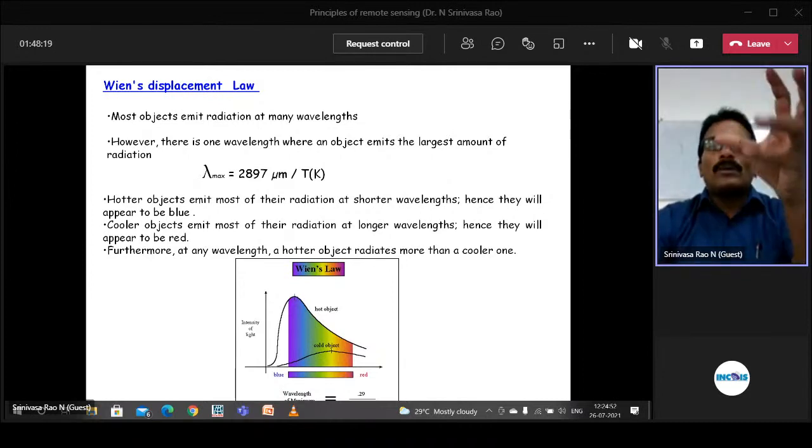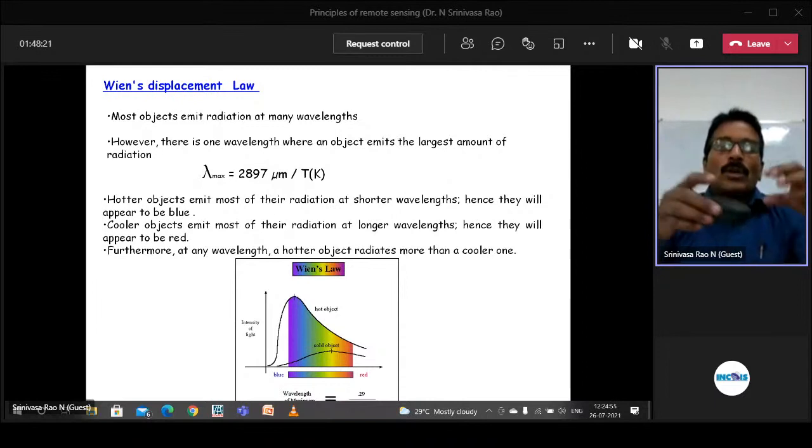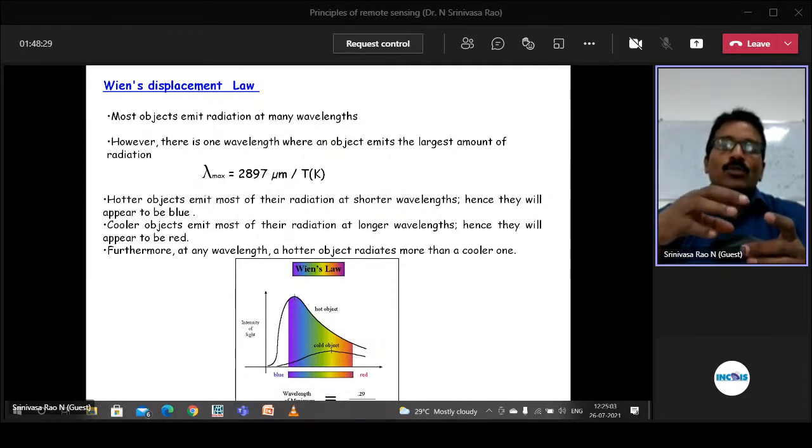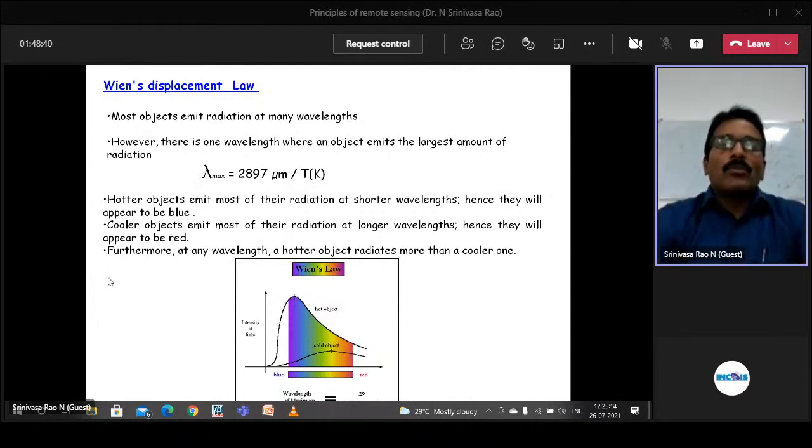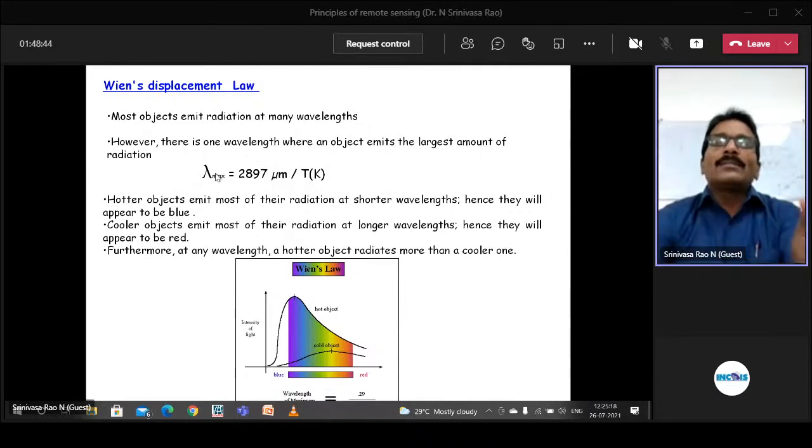For example, if light from this mouse reflects at 8 micrometers, and I want to perfectly capture this mouse through remote sensing, I can design my sensor plus or minus 20, 30, or 50 nanometers. We take this maximum wavelength, add and subtract something, and consider that as a band or channel.